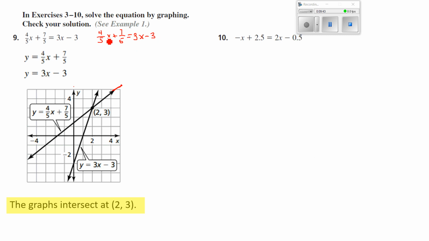So we're going to combine our like terms. I know 4 over 5x is smaller than 3x. So I'm going to minus 4 over 5x. And whatever I subtract from one side, I do the other. All right, now I'm going to have 7 over 5 left over here, an equal sign. And 3 minus 4 over 5 is going to give me 2 and 1 over 5x.